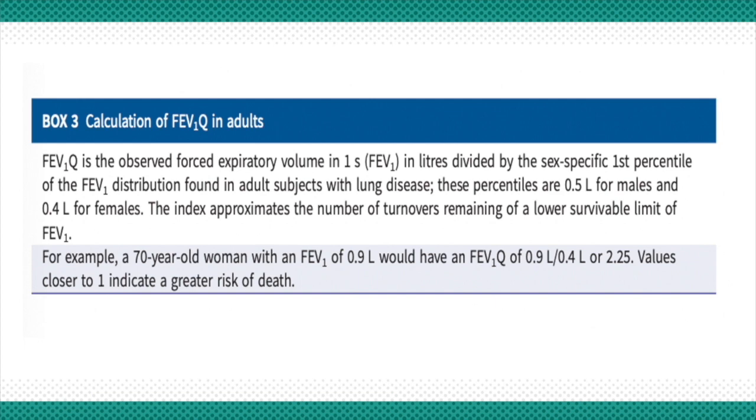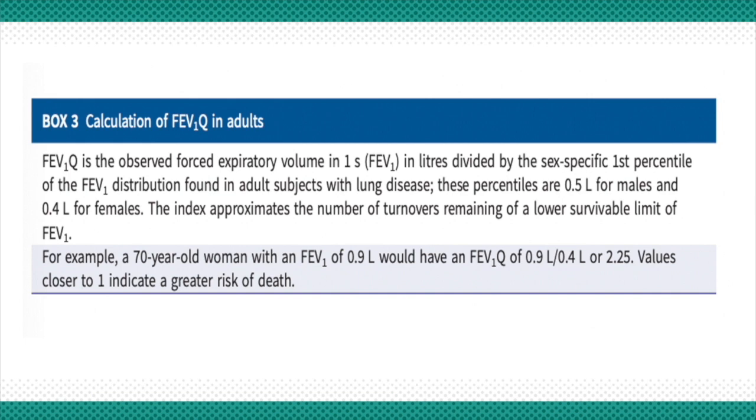This is how we calculate FEV1Q. So for a 70-year-old woman with a FEV1 of 0.9 liter, you divide 0.9 by the female constant 0.4, or 2.25. Any value closer to 1 indicates a major change, so a greater risk of death. So this is again a proposed criteria.